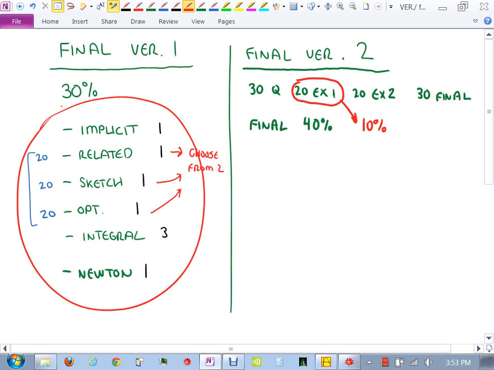And when the people who want to do version 2 finish that, they come up to me and I look at it. And if it's even worth it, we hand you the next version, the rest of the problems. Because the level you reached on this part may dictate whether it's worth spending another hour and a half, 2 hours on the other stuff. It may not make a difference. So I'll look at it first. But the option is there.